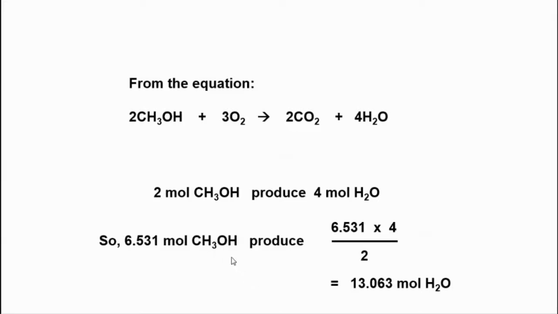But the question asks you to determine the mass of water produced. Since we have already determined the moles of water produced in the reaction, the mass of water equals moles of water times the molar mass of water.